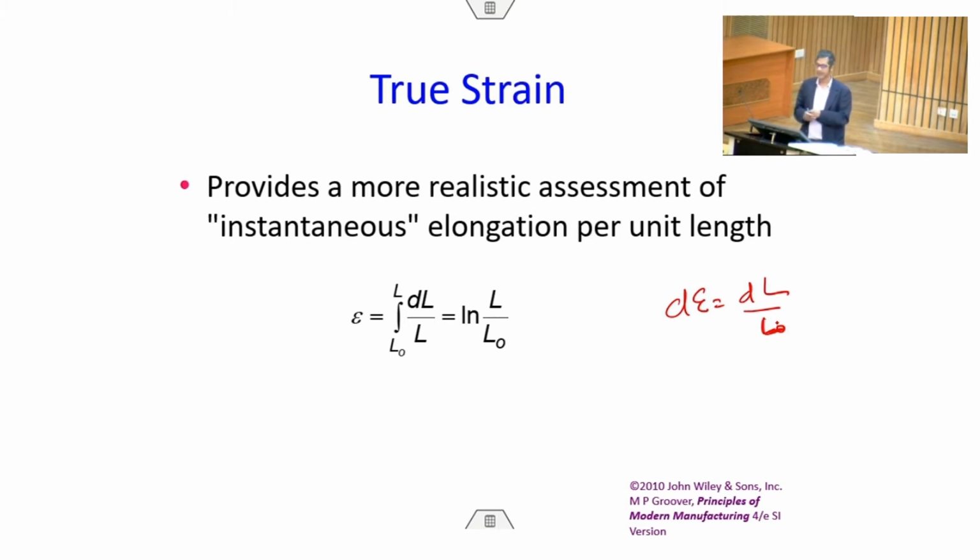If we integrate it over L0 to L, you get log of L by L0, that is your true strain. It provides you a more realistic assessment of the instantaneous elongation per unit length.